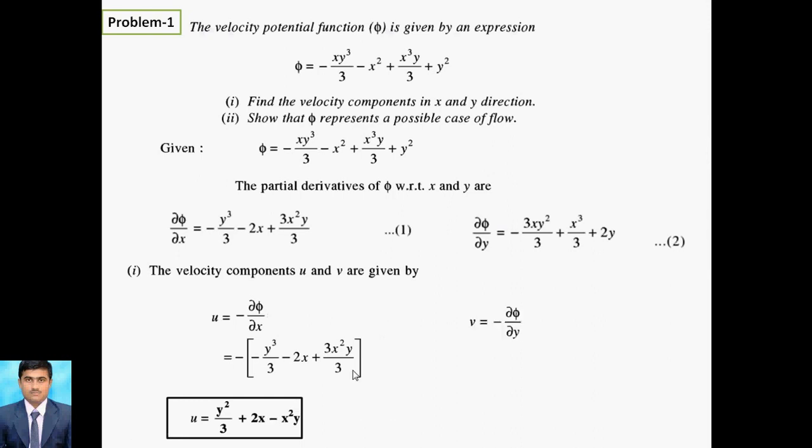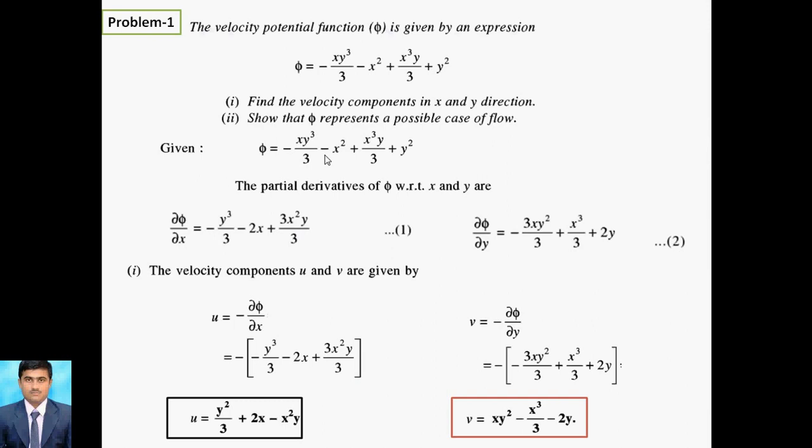Taking the derivative of phi with respect to y and simplifying, v is equal to xy square minus x cube by 3 minus 2y. So this is the value of u and v.